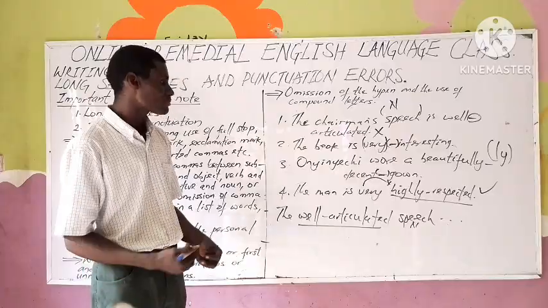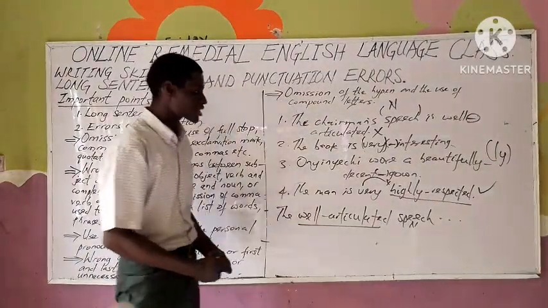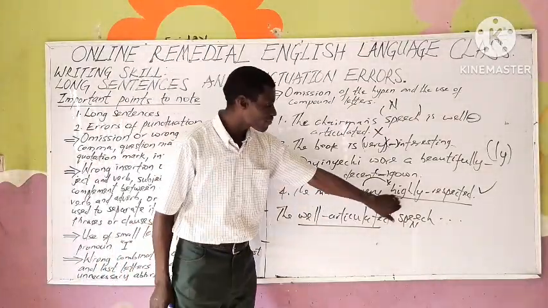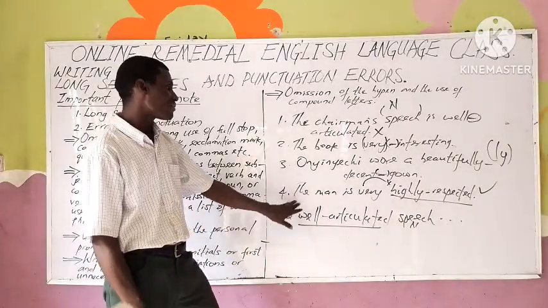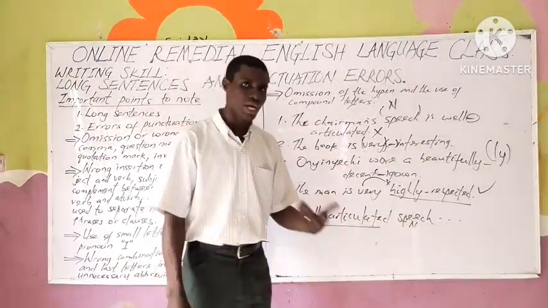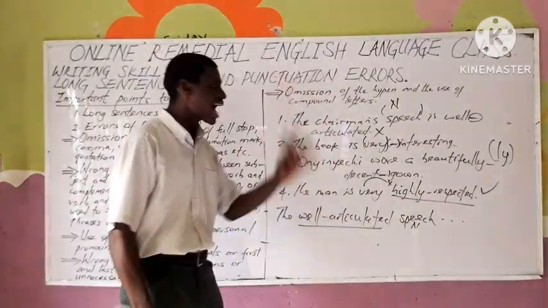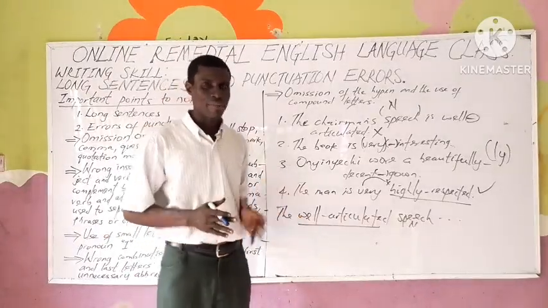So it is acceptable when you have this kind of construction and we are putting a verb before it. It is different from this one. So we can have the man is very highly respected, the man is very well known. So these are the basic rules guiding the hyphen.